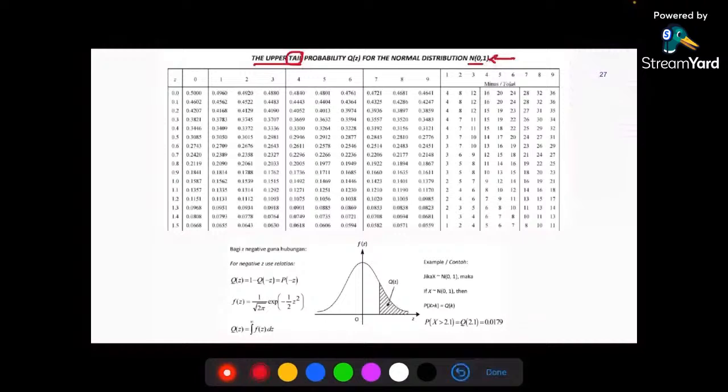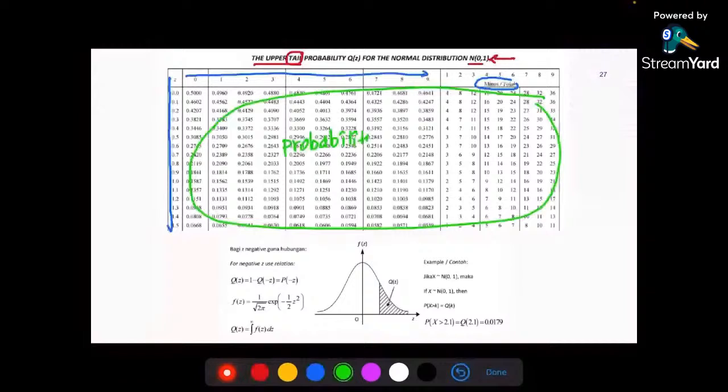Ni sebenarnya adalah z-score sampai sana, ni adalah minus kan. Okay. So, nilai dekat dalam ni, keseluruhan dalam ni adalah nilai probability. Ataupun area under the graph.